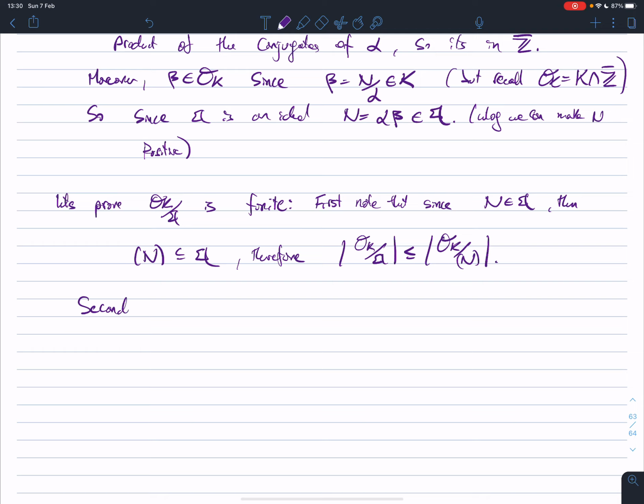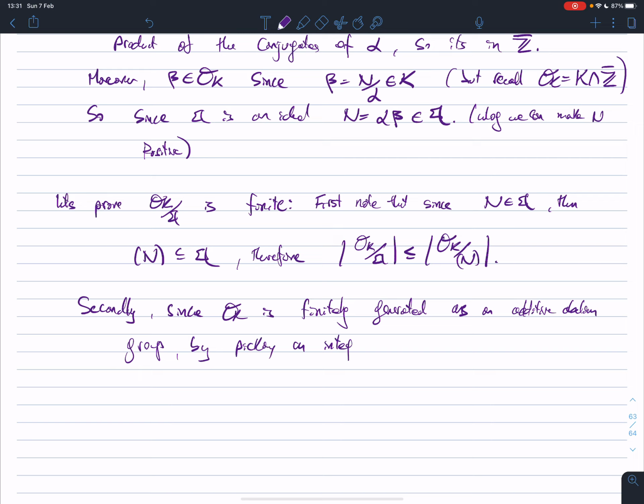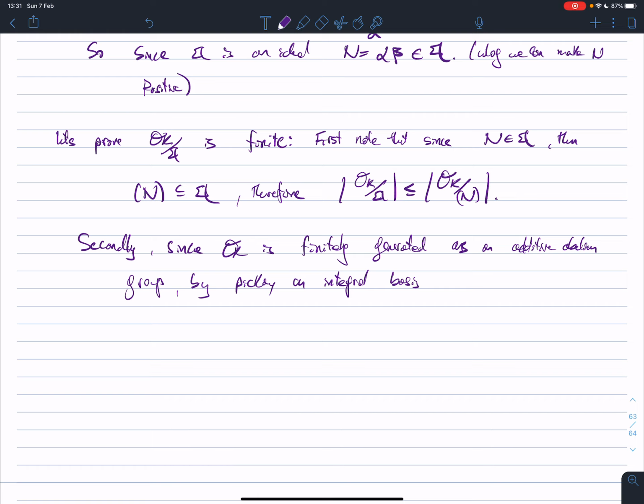Secondly, since O_K is finitely generated as an additive abelian group, if you pick an integral basis, which we know exists, we already saw this a couple of lectures ago, we get an isomorphism as additive abelian groups.